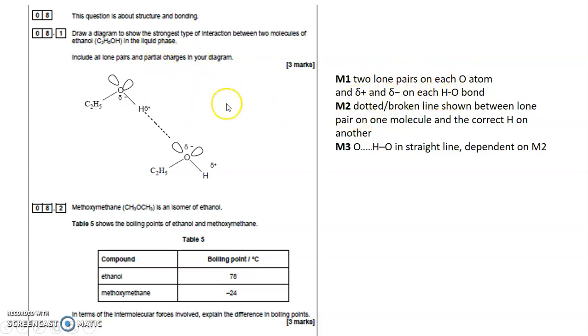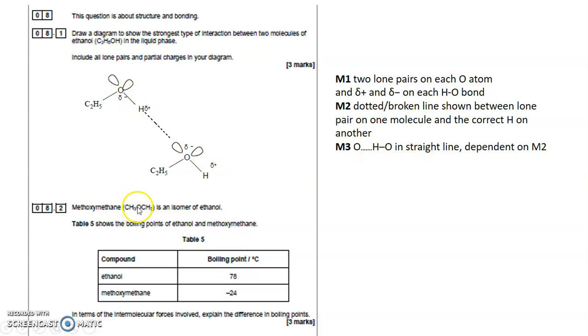That gets you a mark. The second mark is for showing the intermolecular hydrogen bond as a dotted line between the H plus and a lone pair of electrons, or a delta minus on another molecule, as an intermolecular bond, and then have the alignment O to H to O to H in a straight line for the 3rd mark.